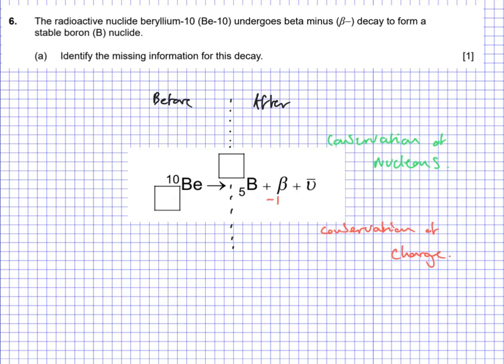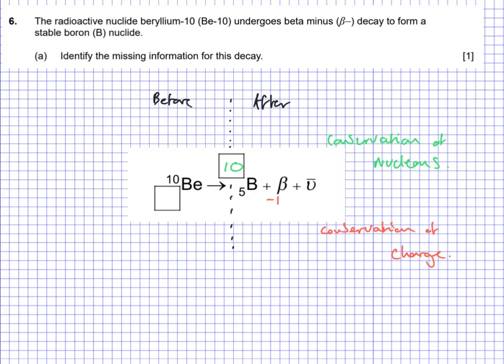So therefore 10 has to be conserved. This is quite straightforward. This is going to be boron 10. There are 10 protons and neutrons associated with this boron here.